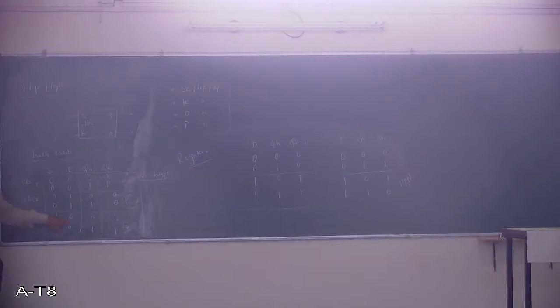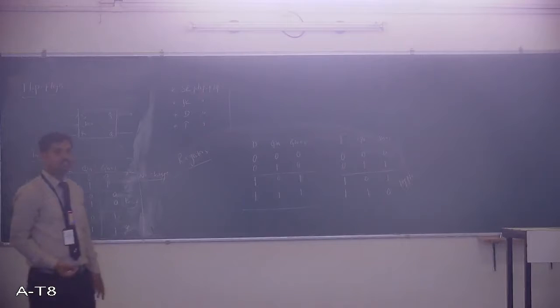What about the third case? When S1 R0, if you apply the clock signal and presently the flip-flop has 0, what will be the change? The output will turn into 1. I will check one more case. Again the same kind of inputs, but think that presently the flip-flop has output 1. That time also it produces 1.